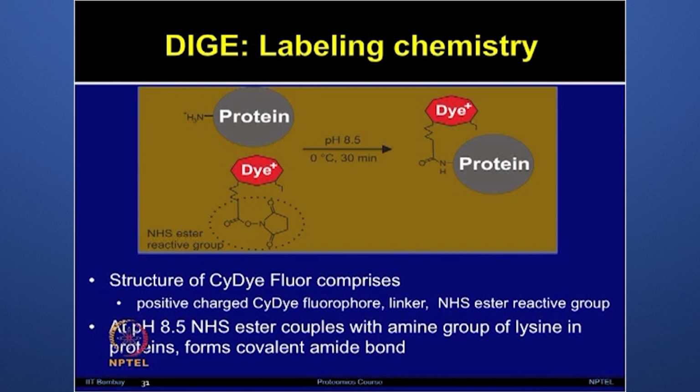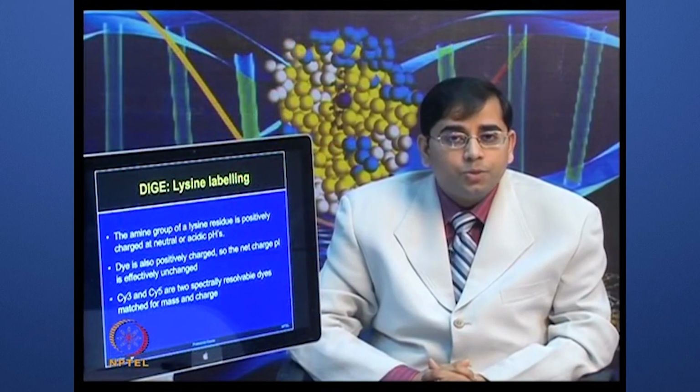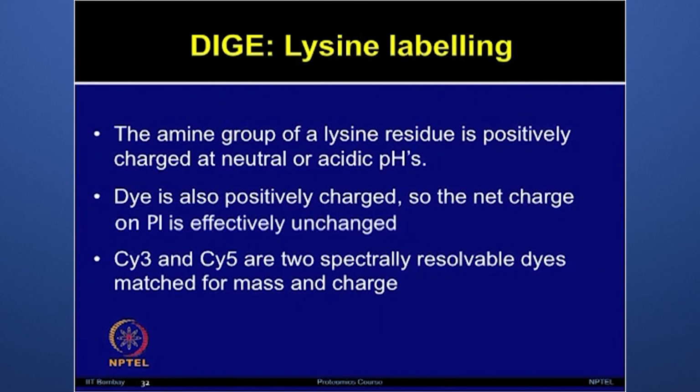At pH 8.5, the NHS ester couples with the amino group of lysine in the proteins and forms a covalent bond. The amino groups of lysine residues are positively charged at neutral or acidic pH. The dye is also positively charged. So, the net pI will be unchanged.